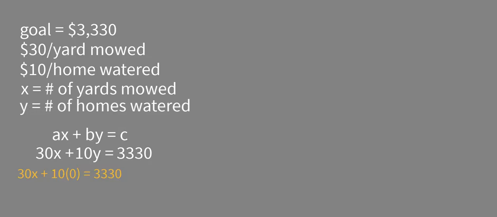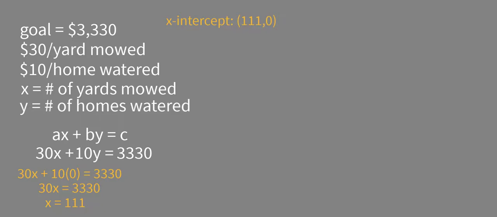So 30X equals 3,330. We divide both sides by 30, and we get X equals 111. So the X-intercept is 111, 0.